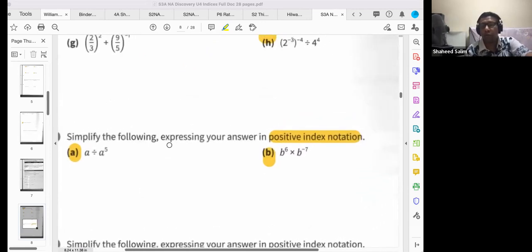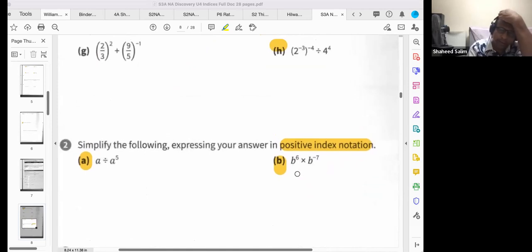So now they want you to express in positive index notation. So, all right, you can try it. You tell me what's the, this one is 1, right?